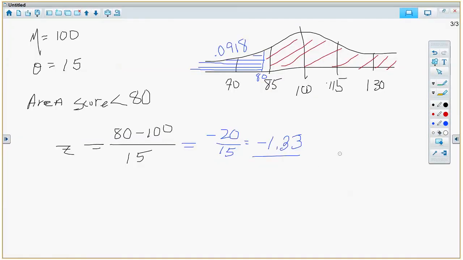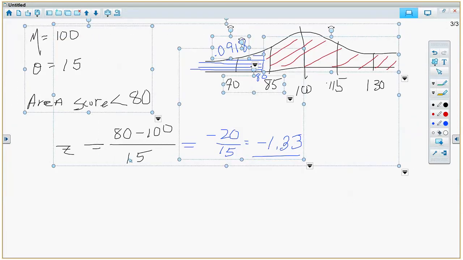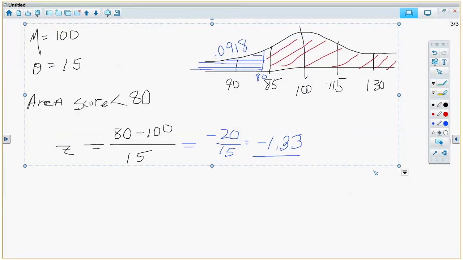Now, that one's pretty simple. What if I asked you to go above? Well, then what is the probability above? I'll just go ahead and do one. Let's do this, since you don't have to write another one.